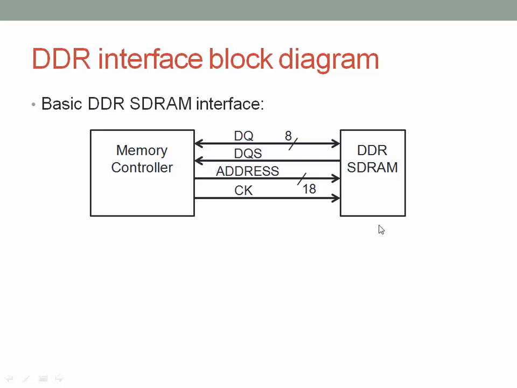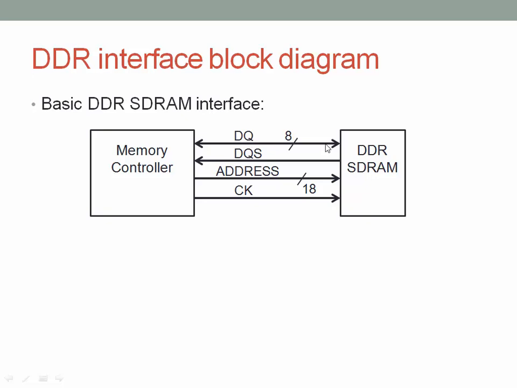So here is a basic SDRAM DDR interface. There is a CPU which connects to the memory controller, and usually the memory controller is integrated into the CPU itself, and the memory controller connects to the DDR SDRAM using four main signal paths. We have the DQ, the DQS, address, and CK.